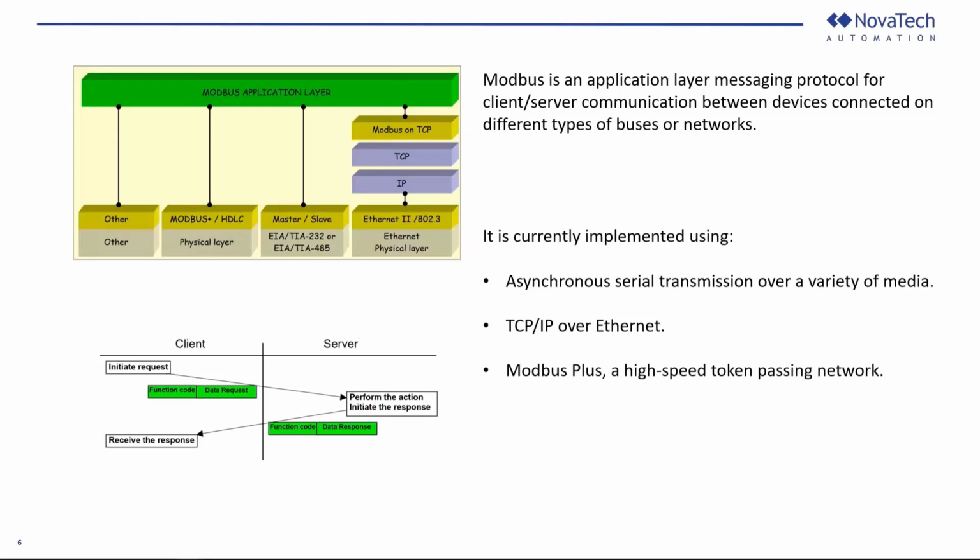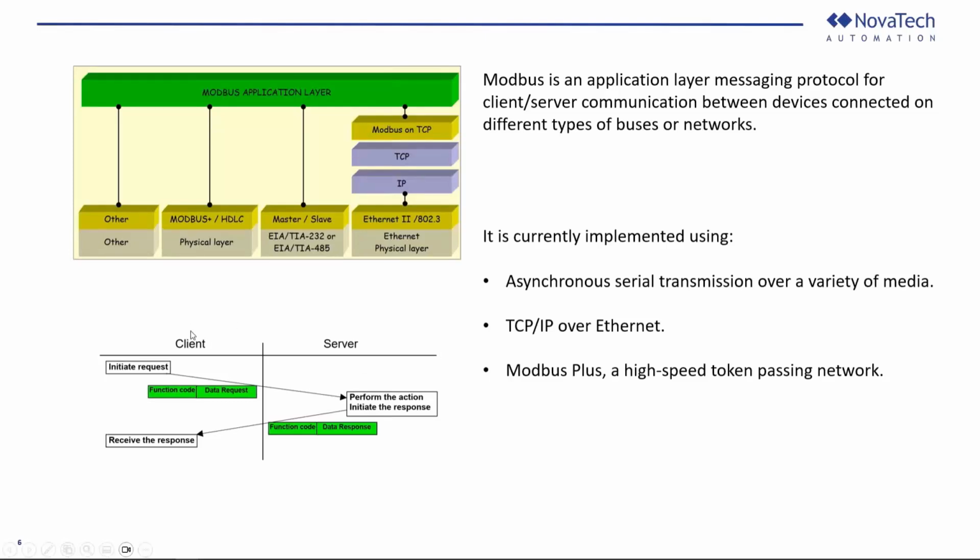So Modbus TCP over Ethernet is nothing more than Modbus serial encapsulated in TCP. And then there's Modbus Plus, not used as much anymore, but it was a high-speed token network. And you can see, any device on any one of those buses could communicate with another bus.